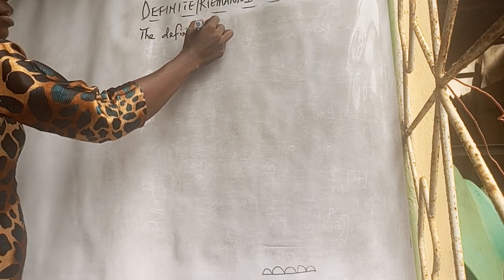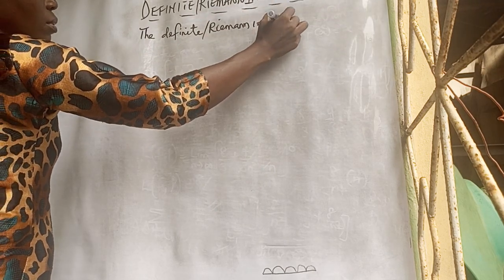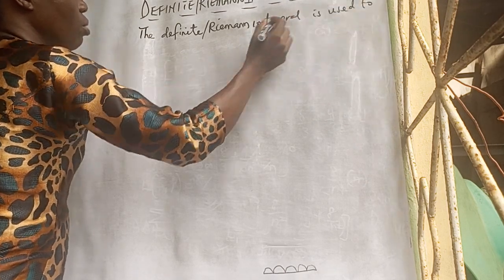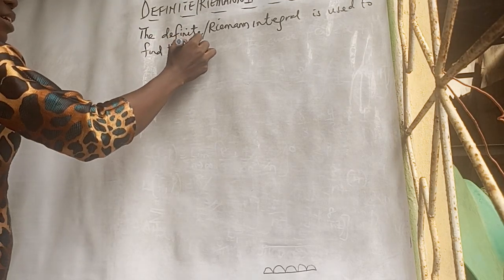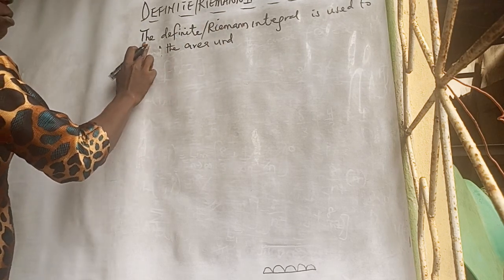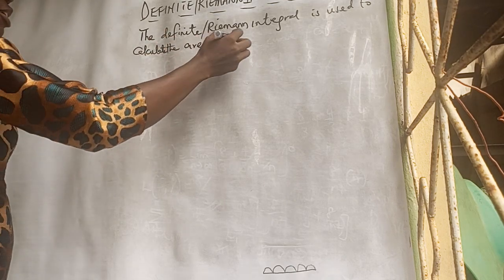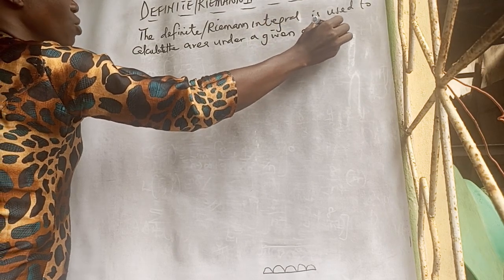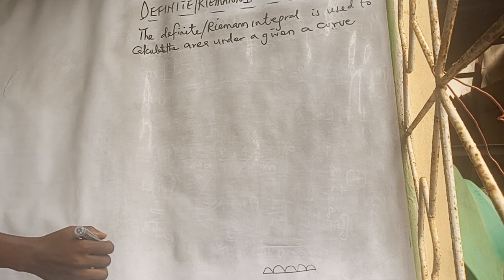The definite or Riemann integral is used to calculate the area under a given curve.